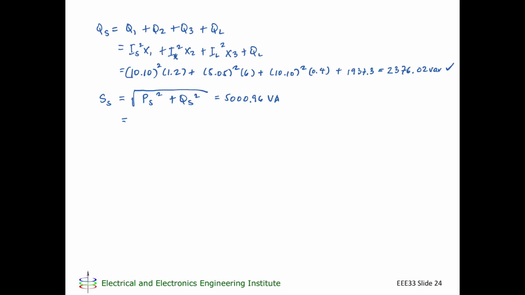But this is equal to V sub s times I sub s. Thus, V sub s is just S of s over I sub s. So this is 5000.96 divided by 10.10, and I'm going to get 495.1 volts.